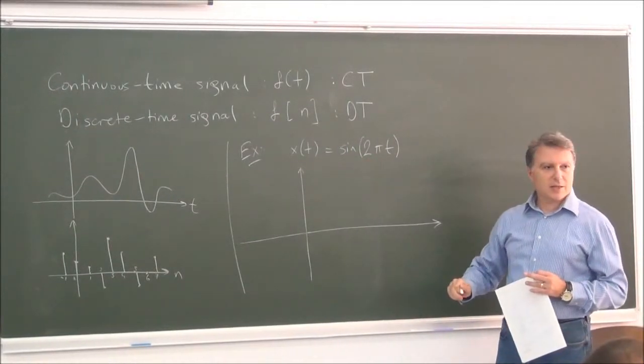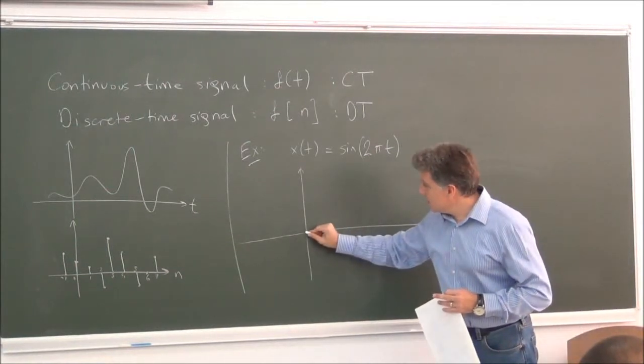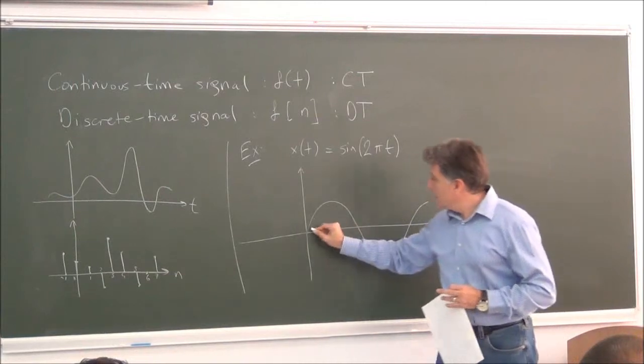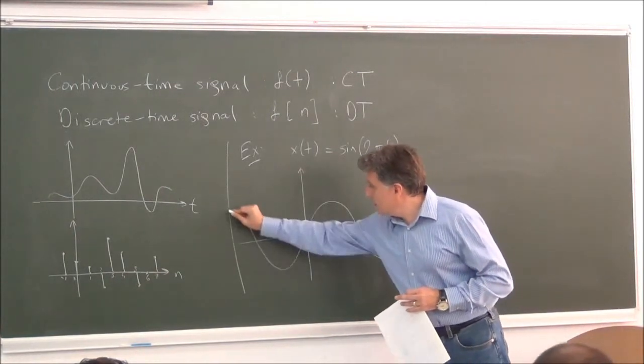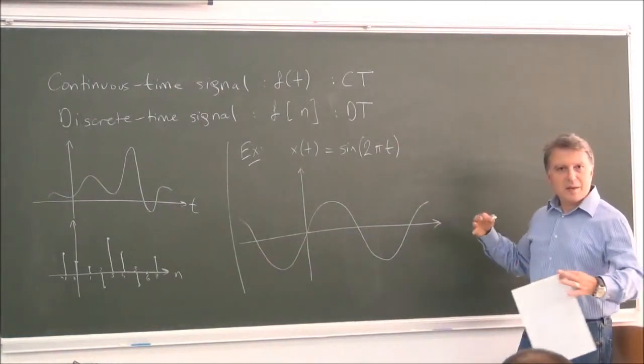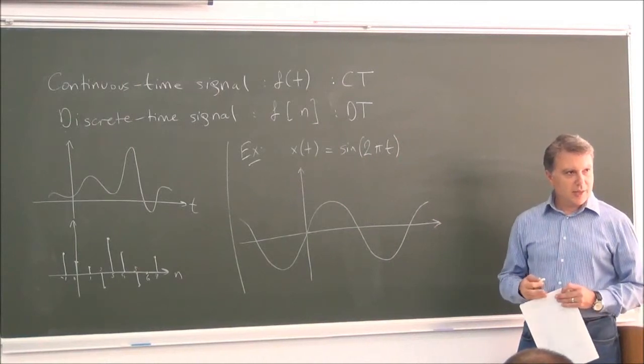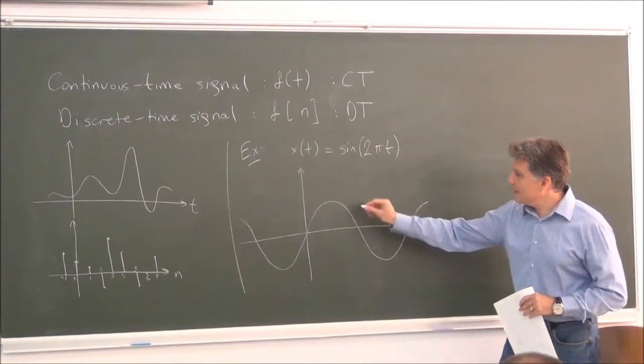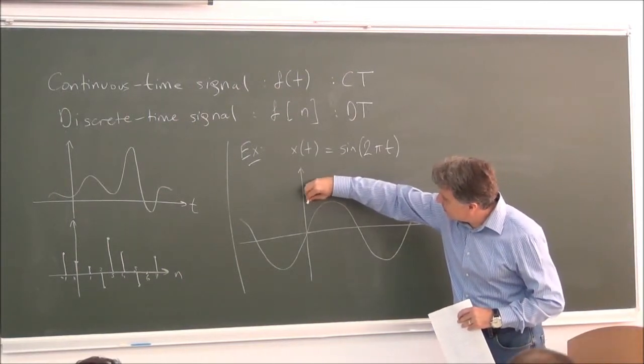What do we know about sinusoids? They are oscillatory signals, and they behave like this. Right? So, within some range, we are going to draw it like this. So, what are these points? What is this point, for example?